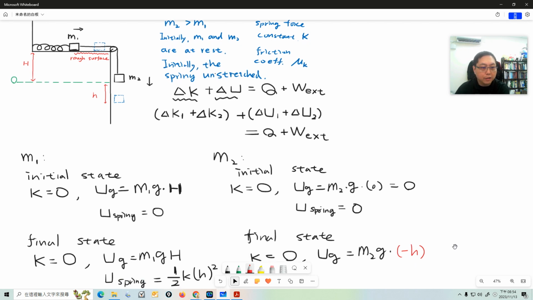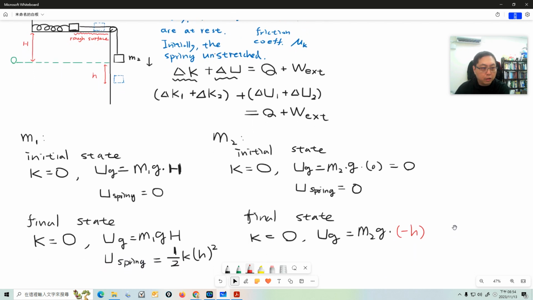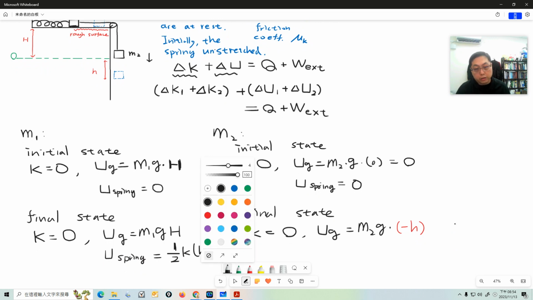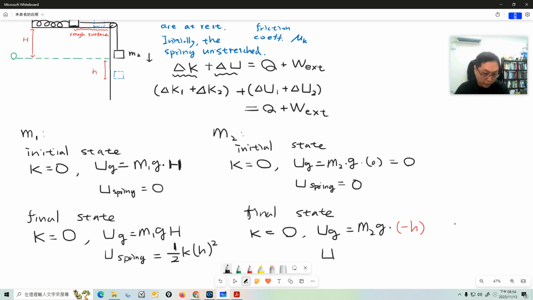Be careful. And what's the elastic potential energy of M2 at the final state? As I said before, M2 doesn't attach to any spring, so it doesn't have any elastic potential energy, so it's zero. Okay, so that's M1 and M2, initial state and final state.